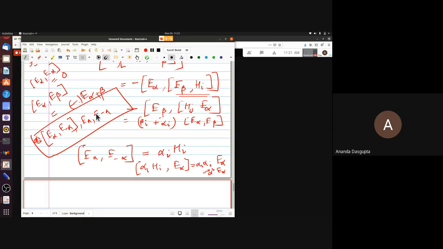That's not the point. The point is when you keep on going up, at some stage E alpha acting on your state must give you 0, right? Because if you kept on going this way, this is just like the ladder operators. If you keep on going forever, you're going to get infinitely many states.